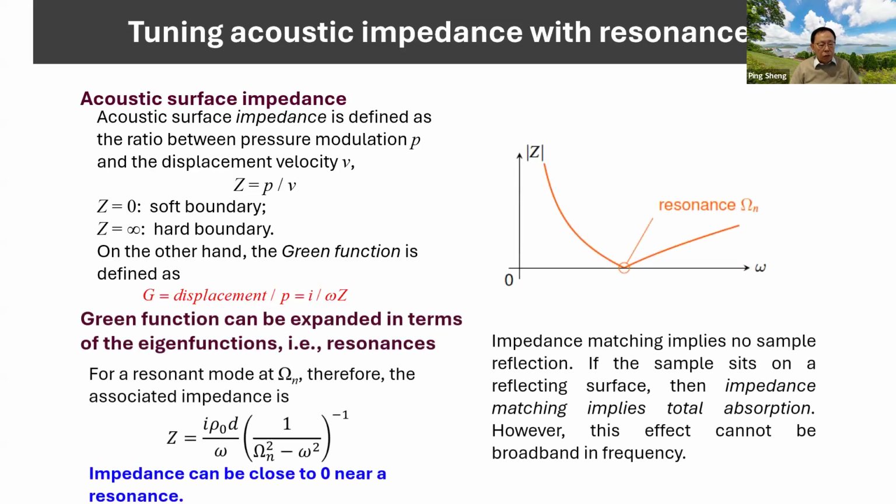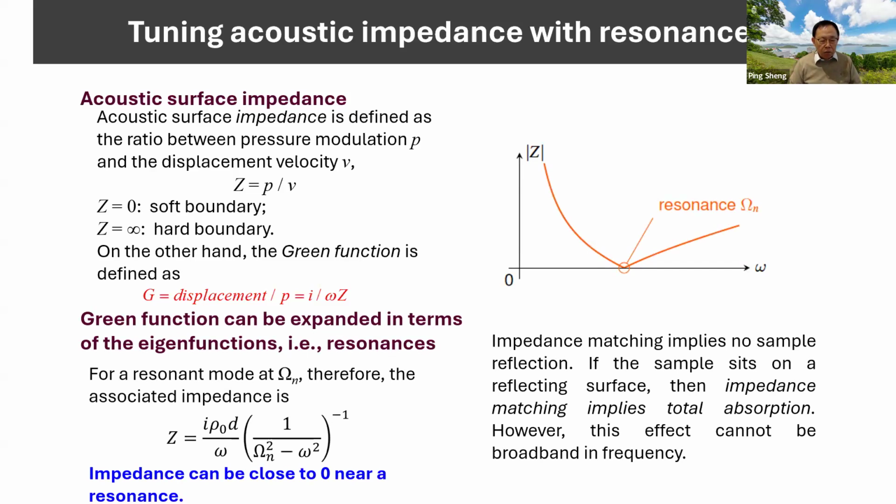And why do we want to do that? The reason is the Green function can be expanded in terms of the eigenfunctions, and that is the resonances. But the resonances are always in the form of Lorentzians, and the Lorentzians are something that we can readily write down. Okay?